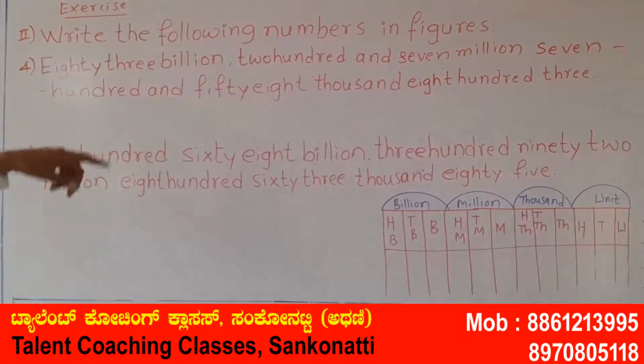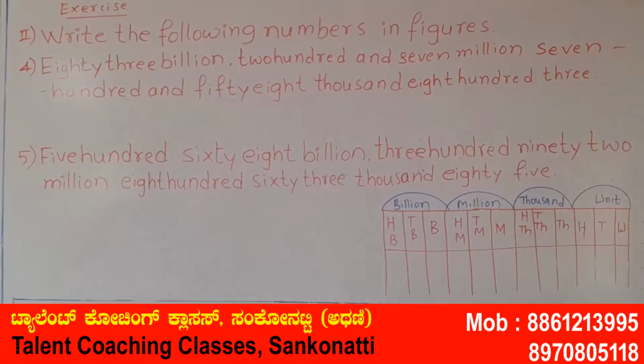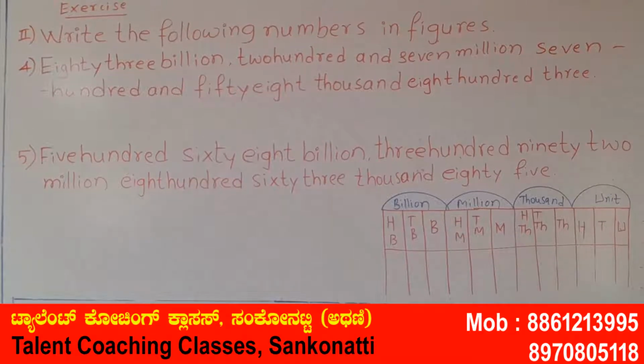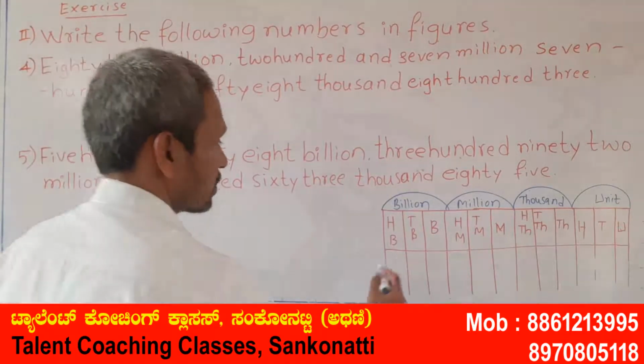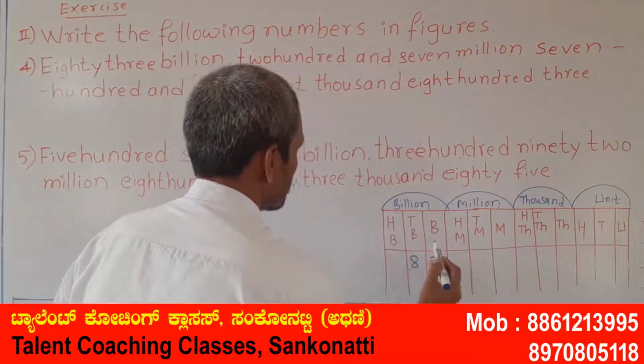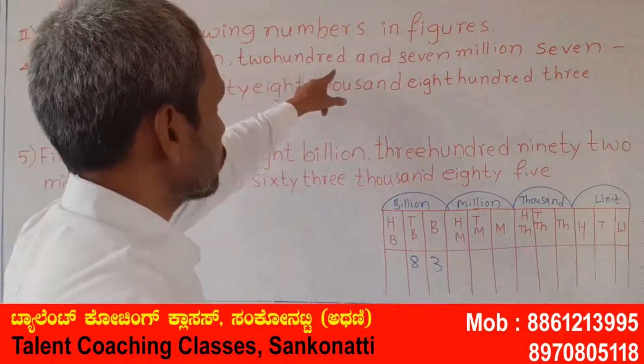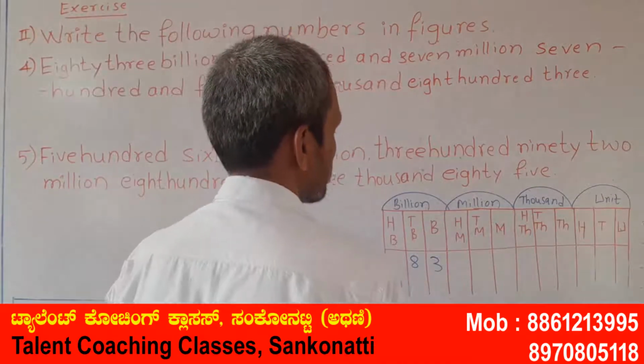Now the fourth one, 83 billion, 207 million, 758,803. This one is 83 billion. In billion, write 83, and 207 million.